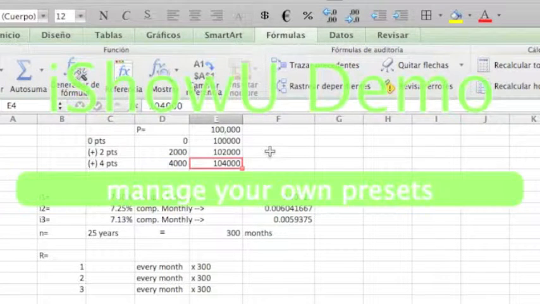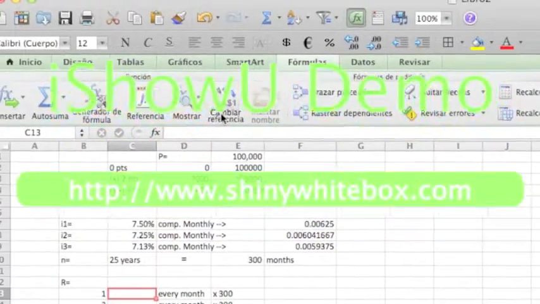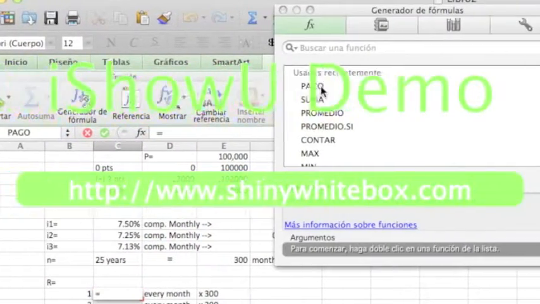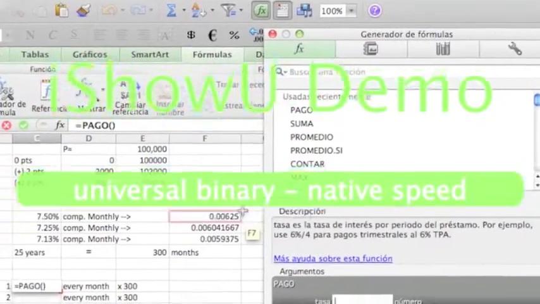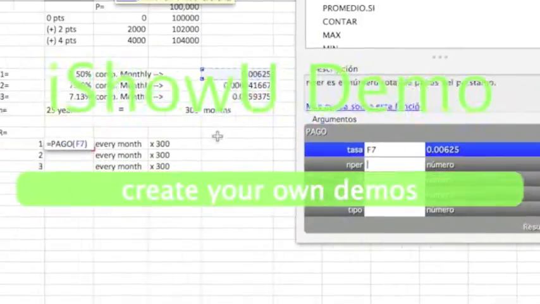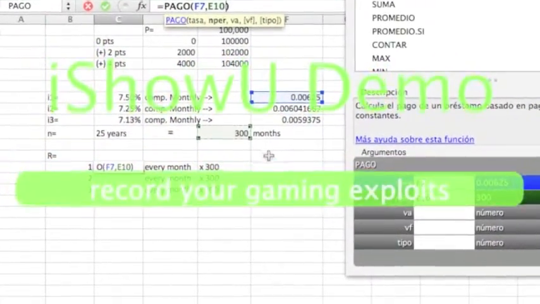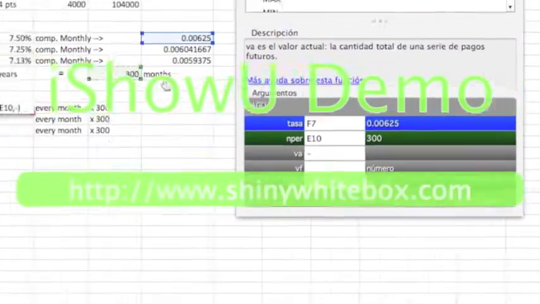We need to find the payment size for each interest rate, so we have to find R. If we are using Excel, we can find R by selecting the formula Pago. Then it shows us a chart like this. Tasa is equal to I, Nper is equal to N, VA is equal to P. Tipo, if it is an ordinary annuity, we put 0, but if it is an annuity due, we put 1.